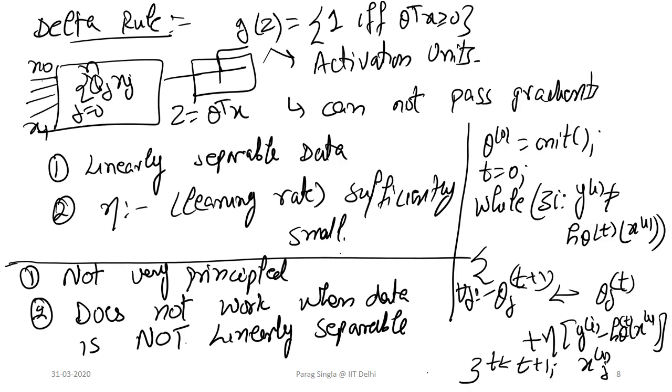Because this is really flat when theta transpose x is less than 0, and also flat when theta transpose x is greater than 0. So at any of those points, there is no way for the learner to really know which direction to move in, and that is a problem with this kind of activation unit, and we'll make it smoother later. But let us now look at a very simple, more heuristic learning approach, which is called the delta rule, and it makes certain assumptions for it to really work.